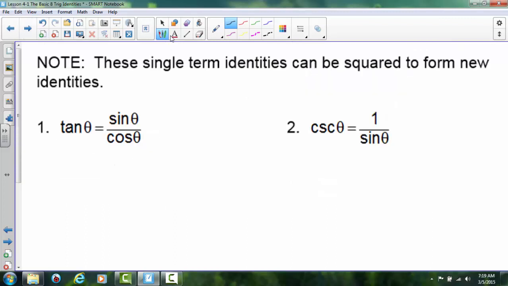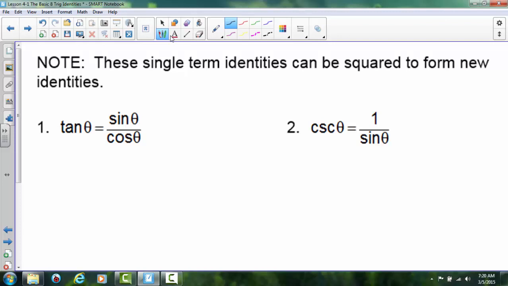Okay, so as we continue on, single term identities can be squared to form new identities. So taking those last reciprocal and ratio identities, if we square them, then we create new identities that would also be true.